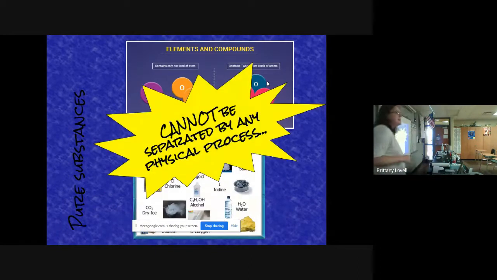Okay. These cannot be separated by any physical process. And if you're trying to write that on your paper, you could just write it underneath. I didn't box this very well. But anyways, you could just write it right underneath those other boxes. Pure substances cannot be separated by any physical processes. All right?